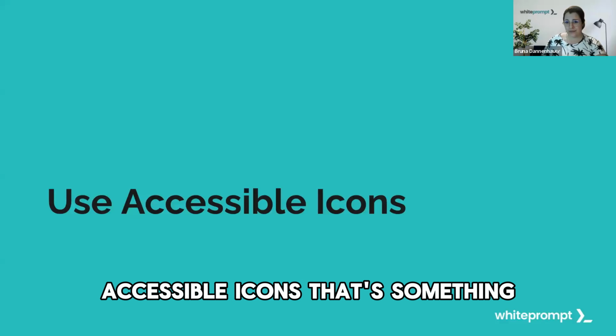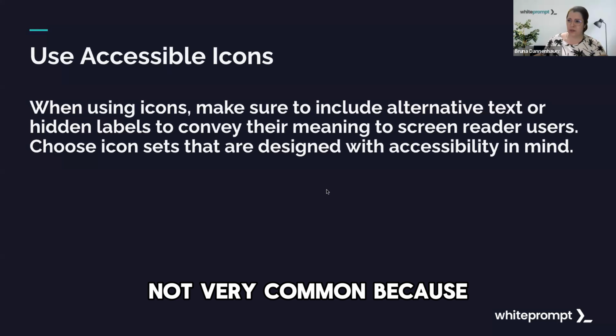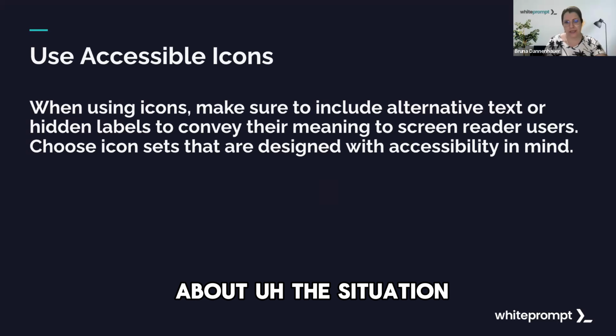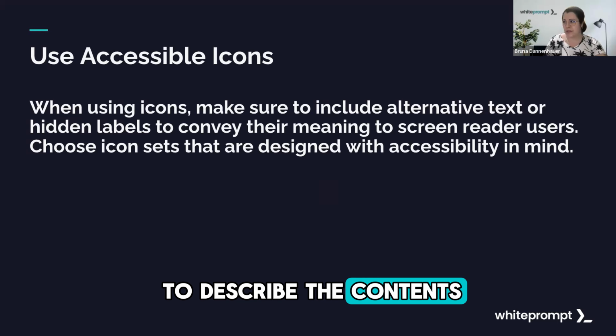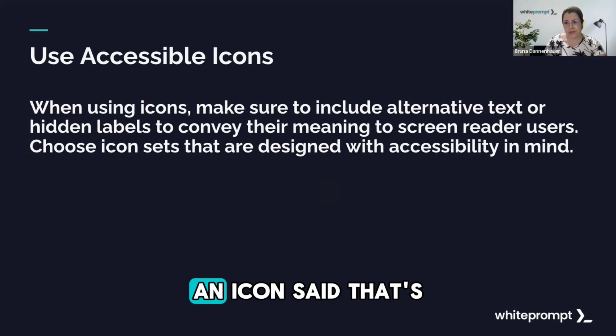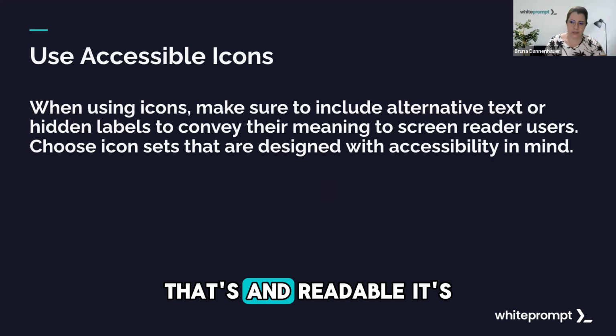Accessible icons, that's also not very common, because when you use an icon, you need to think about the situation of it. So using hidden labels to describe the content might be a good idea, and choose, of course, an icon set that's understandable, visible and readable.